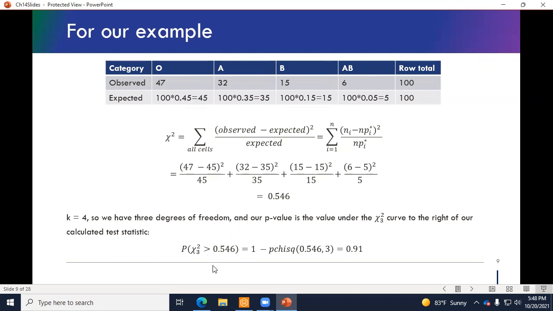It's always on the right tail, so it's the probability of chi-square greater than the test statistic value, and this is how you do it in R. We can tell this p-value is pretty large, so we will not be able to reject the null hypothesis. So our belief about the proportions for different blood types, we would support that claim.